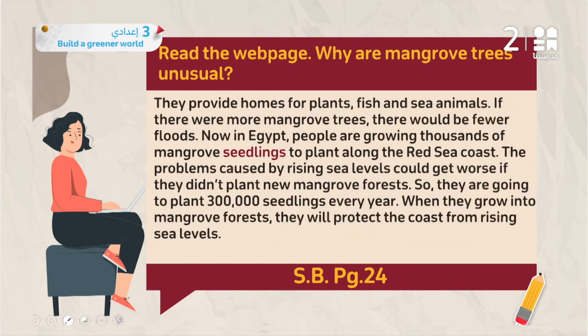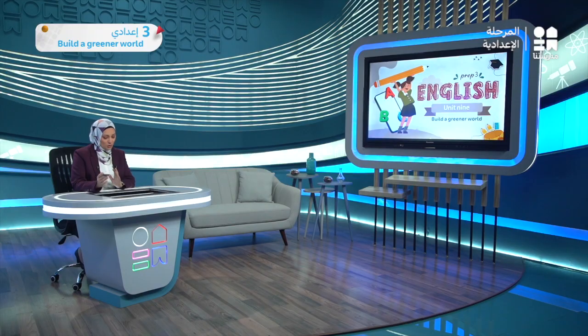They provide homes for plants, fish, and sea animals. If there were more mangrove trees, there would be fewer floods.